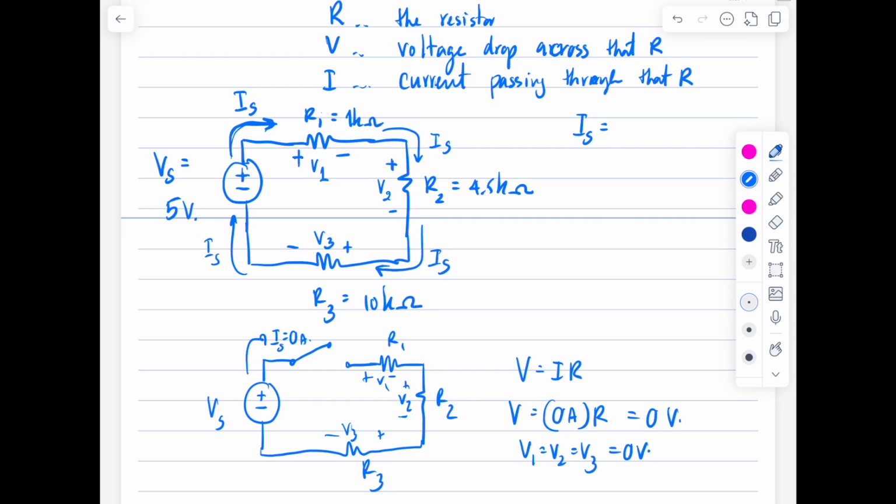So therefore, in this case, the formula for IS is Vs over R total. And R total, connected in series, is R1 plus R2 plus R3.